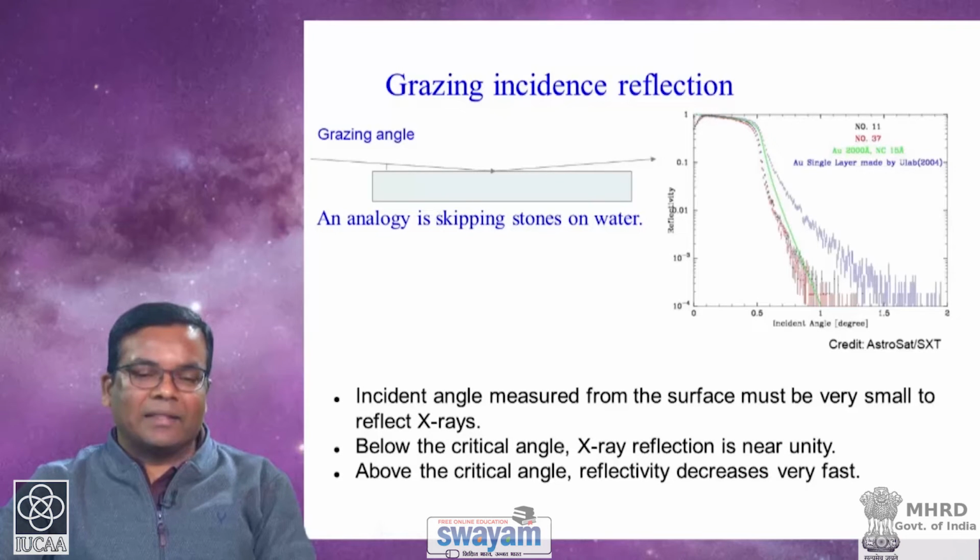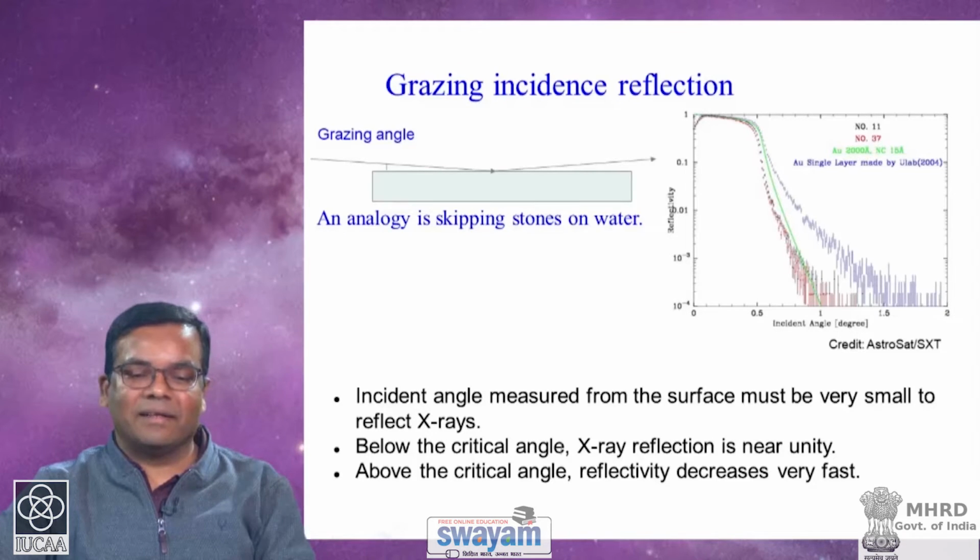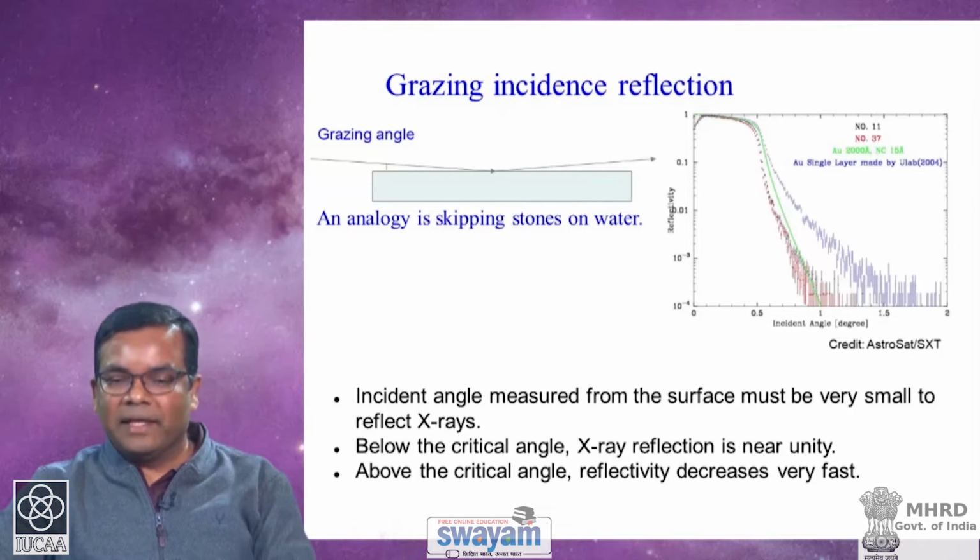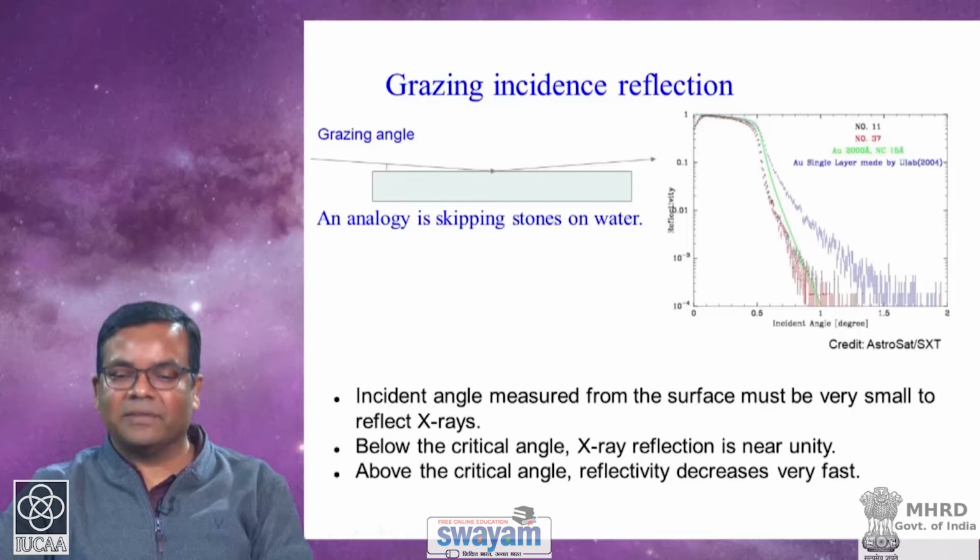One can draw an analogy of this X-ray reflection with skipping stones on water. If the grazing angle is very small, then X-rays can be reflected. In this figure, the reflectivity for X-rays as a function of incidence angle is shown. As you see here, if the grazing angle is very small, less than about 0.2 degrees for silicon, then the reflection is close to unity, while for larger grazing angles the reflection is almost 0.